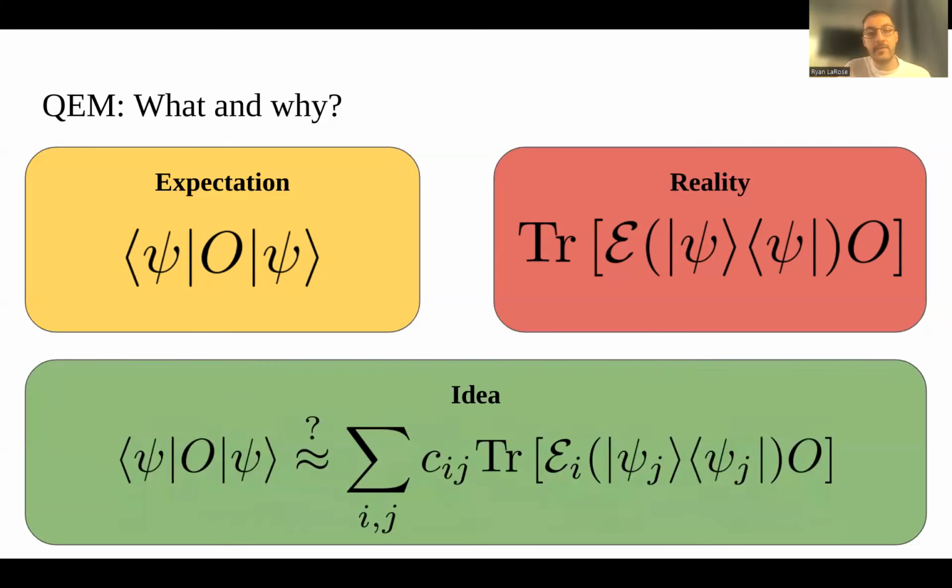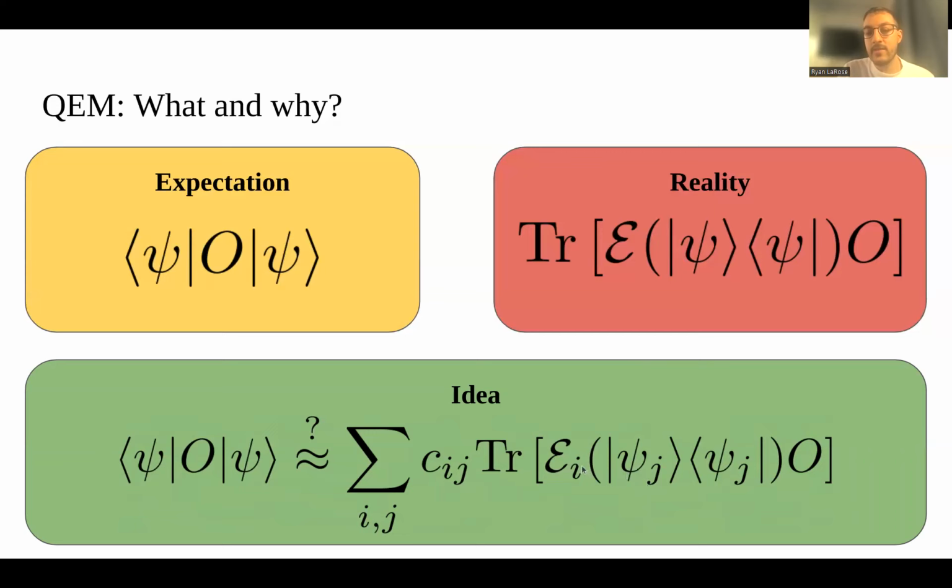So the idea of error mitigation is that we take what we can compute, which is exactly the reality, the thing that happens in the experiment. We can't prepare the state psi perfectly, but we can prepare a series of states, a family of states, psi j.